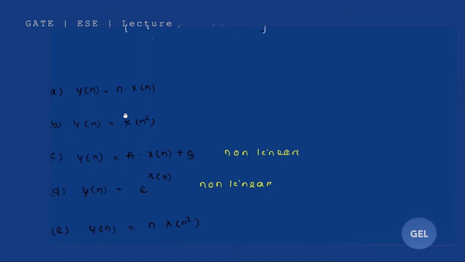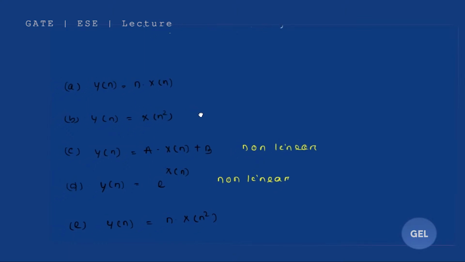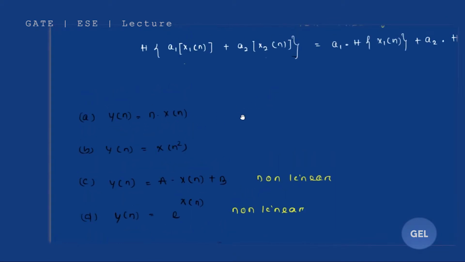Look here carefully. Here your function is not getting affected. If you look carefully, your LHS value will come out to be a1 x1 n square plus a2 x2 n square. You're taking this entire thing, a1 x1 n plus a2 x2 n, as an input.